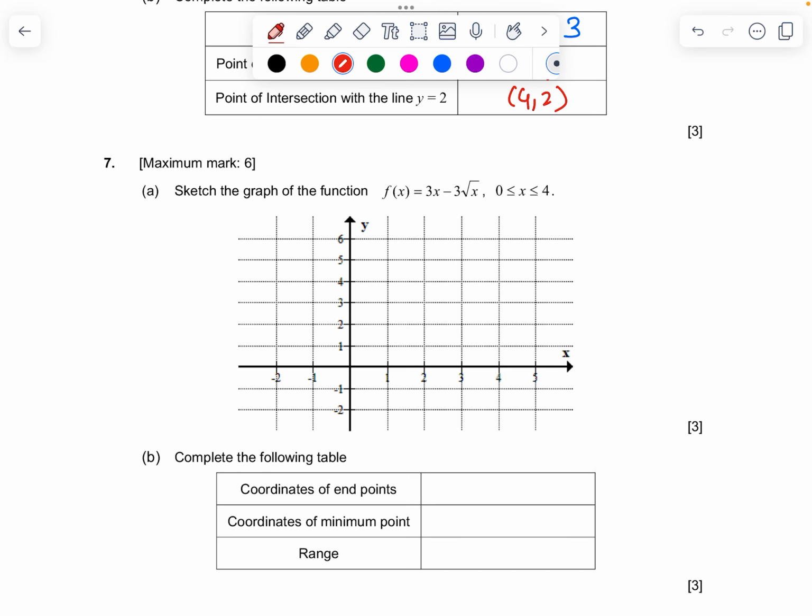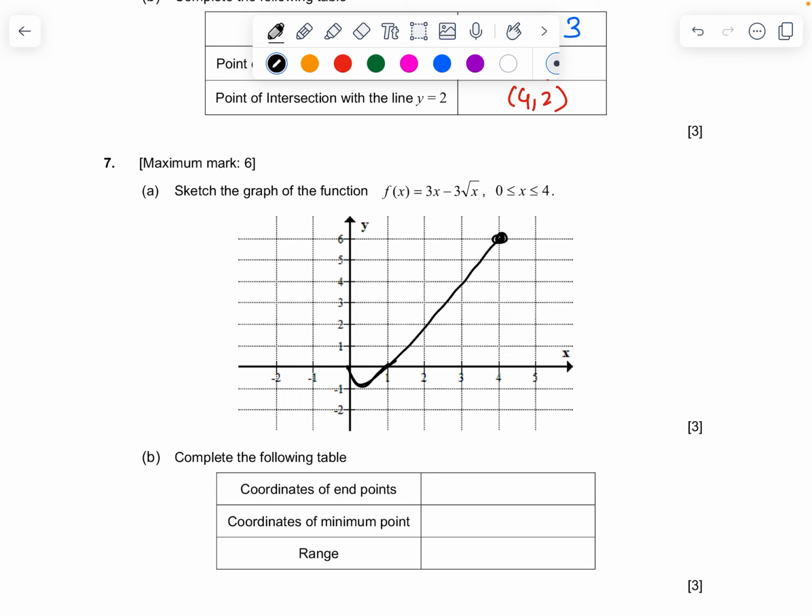Sketch the graph y equals 3x minus 3 root x. So from the GDC, what is this? It should be in this particular way, passing through this and ending at (4, 6).